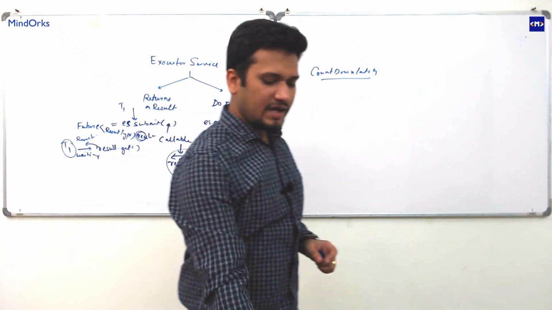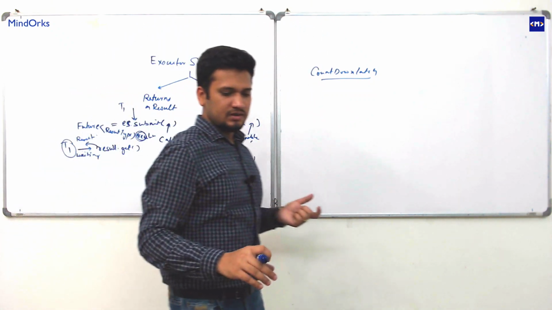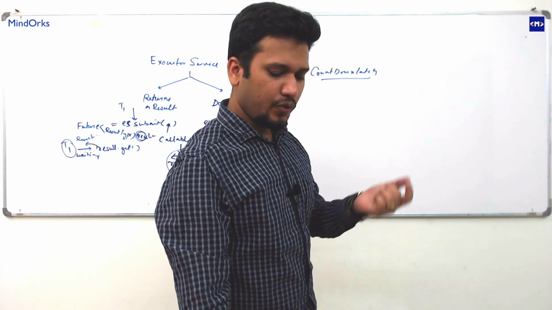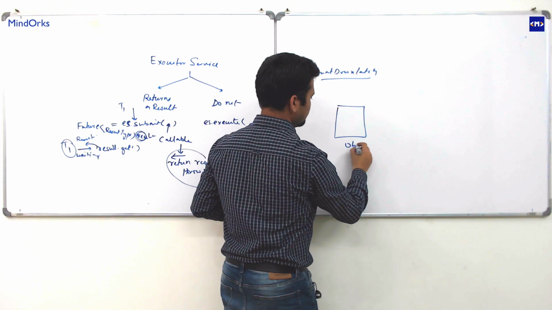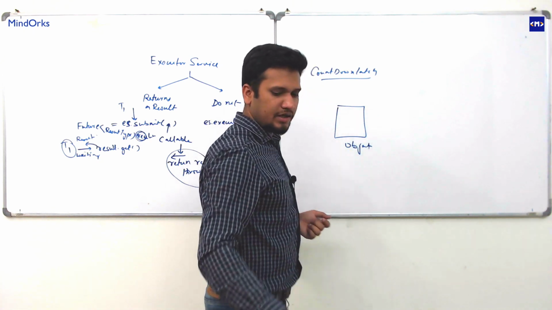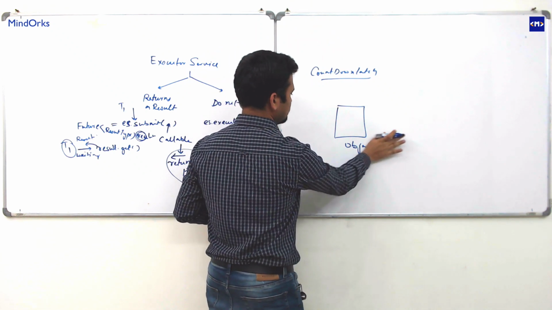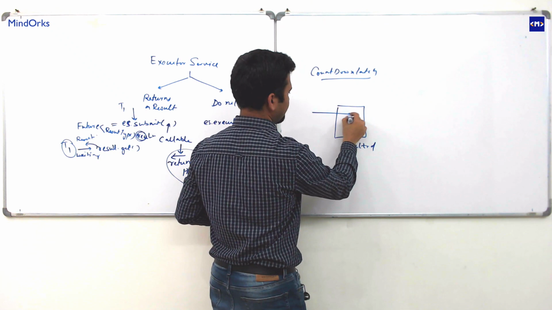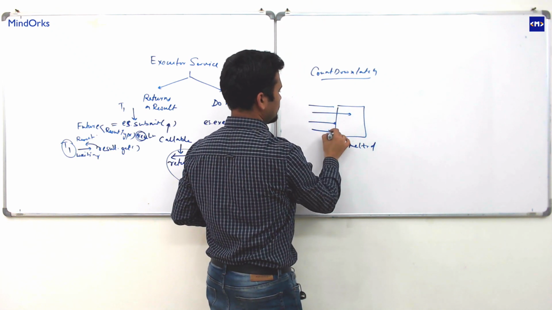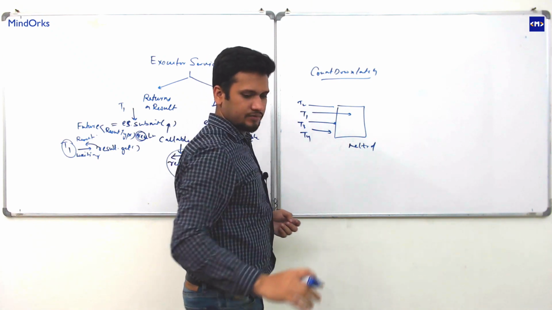So CountDownLatch acts as a lock itself, but it provides a different way. For example, you have an object, any resource, a method, and threads T1, T2, T3, T4.